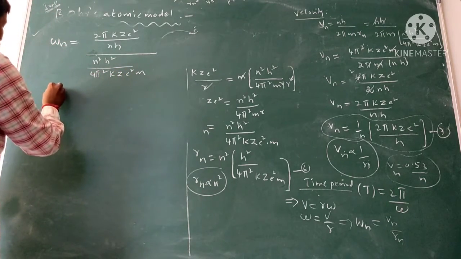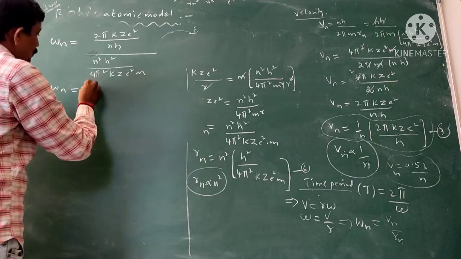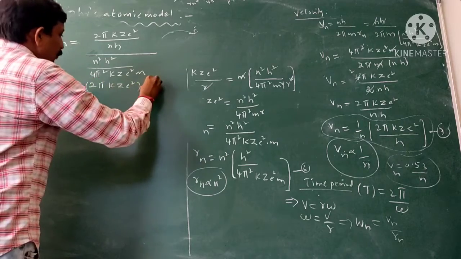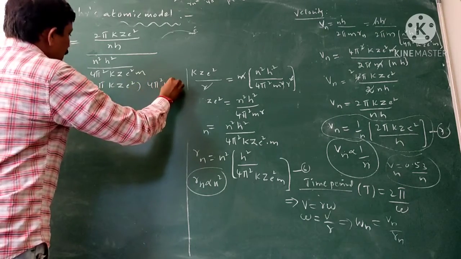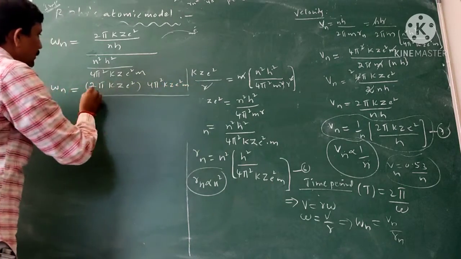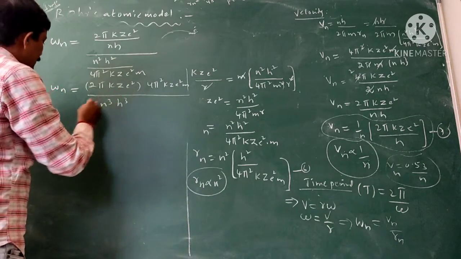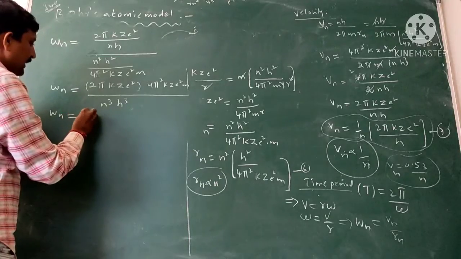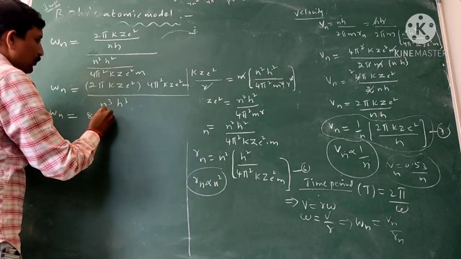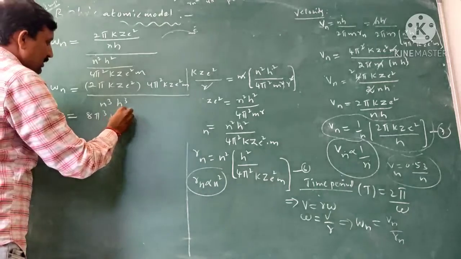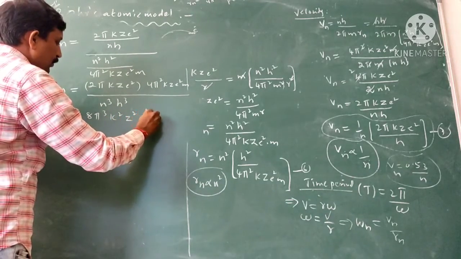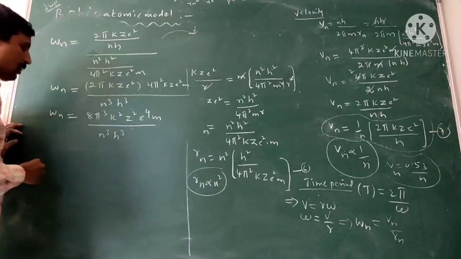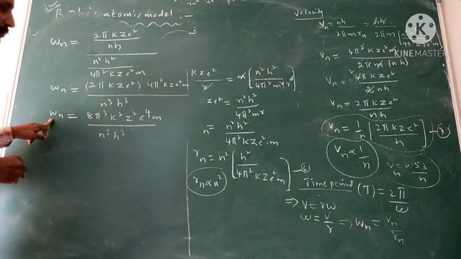So the equation is also written as 2 pi k z e square and 4 pi square k z e square m by n cube h cube. So omega is equal to 2 into 4 is 8 pi cube k square z square e power 4 m by n cube h cube. So this is called omega n value.